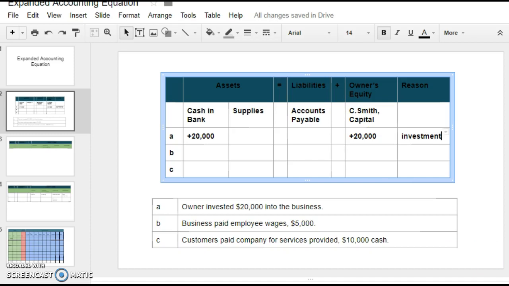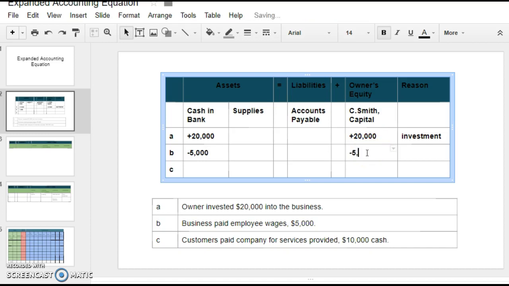B, business paid employees wages $5,000. So if the business paid an employee wage of $5,000, we know that the cash in bank goes down, and since you paid it, your capital, the owner's equity, goes down, because that's money that had to leave your pocket to pay expenses.